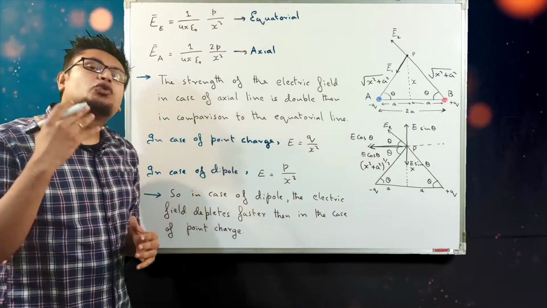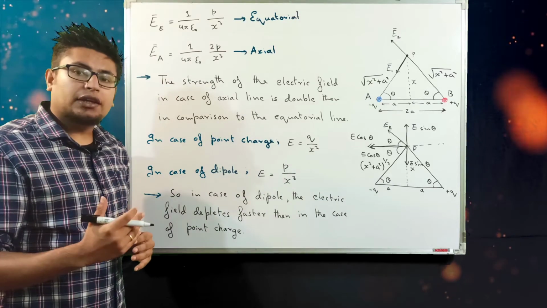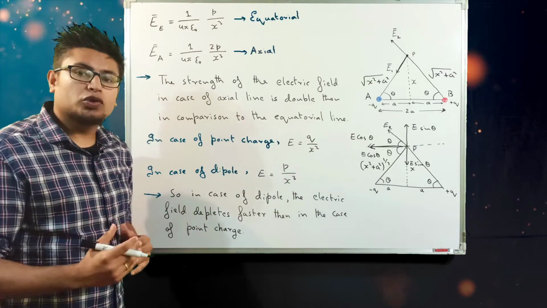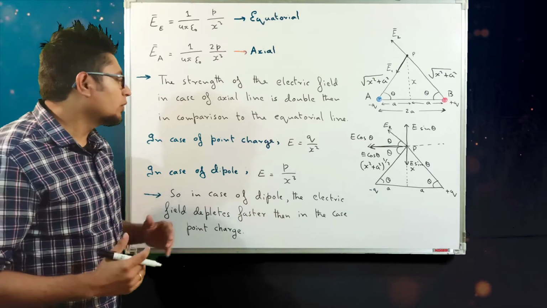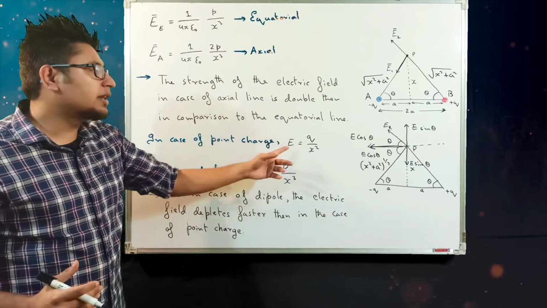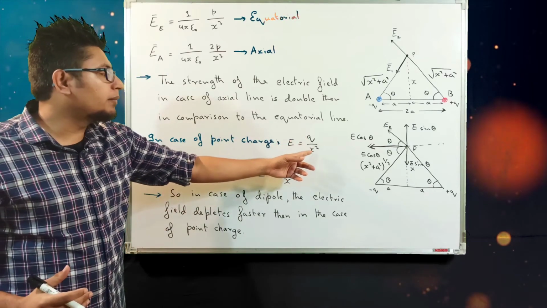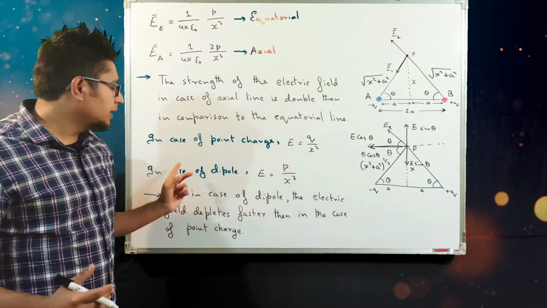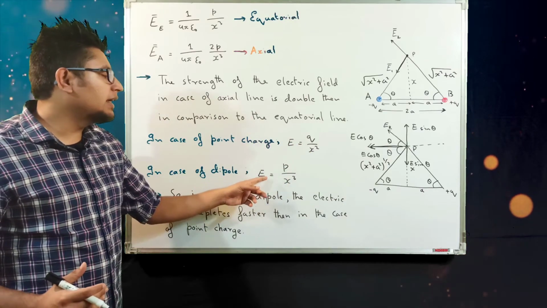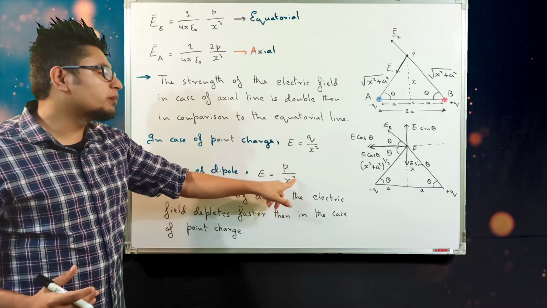And then we again compare the electric field by a point charge and also the electric field by a dipole. In case of point charge, the electric field is given by Q divided by x square, and in case of dipole it is given as E is equal to P divided by x to the power cube.